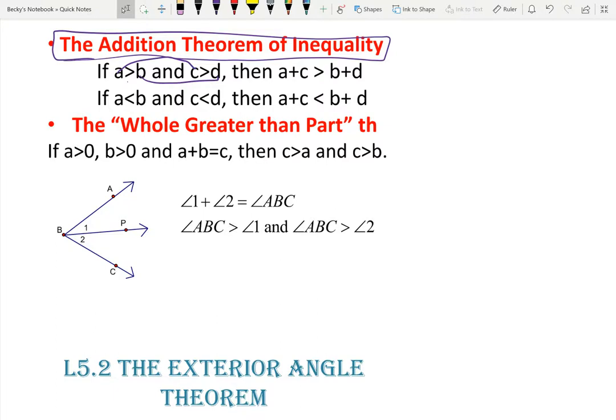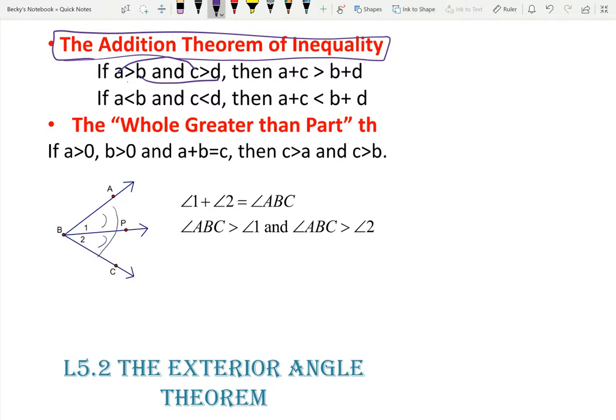All right, whole greater than part theorem, which obviously the whole has to be greater than a part. This is the betweenness of rays theorem. Angle 1 plus angle 2 equals angle ABC.